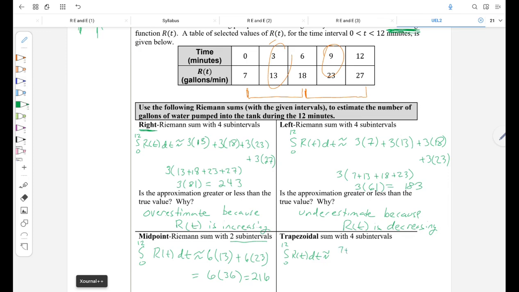So 7 plus 13 over 2 times 3. And then the next one will be 13 and 18 over 2 times 3. And then 23 and 18 times 3.